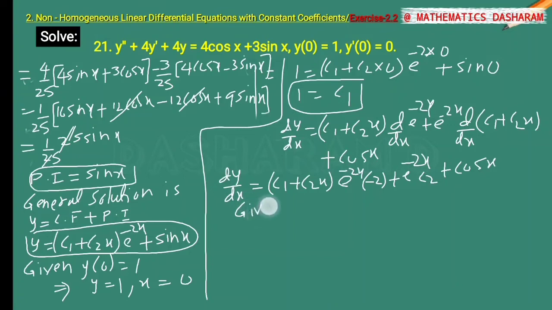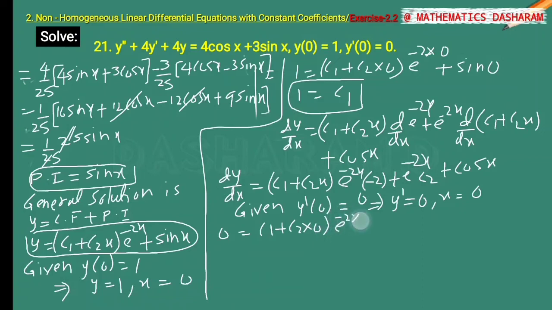Now given that y dash equals 0 when x equals 0, then 0 equals, c1 value we already found, that is 1, plus c2 into 0, e to the power of minus 2 into 0 into minus 2, plus e to the power of minus 2 into 0 into c2, plus cos 0.